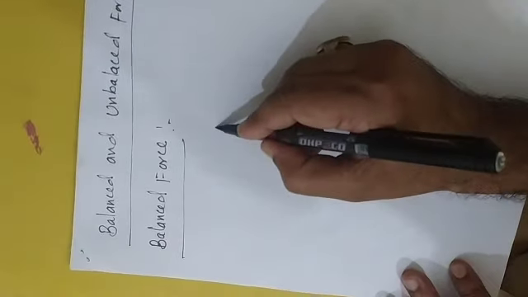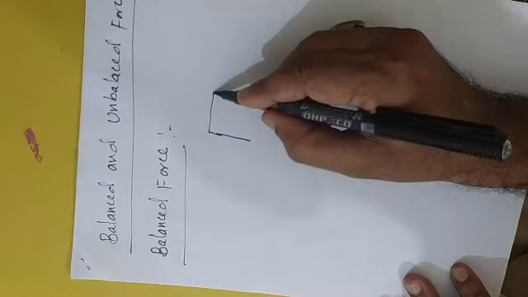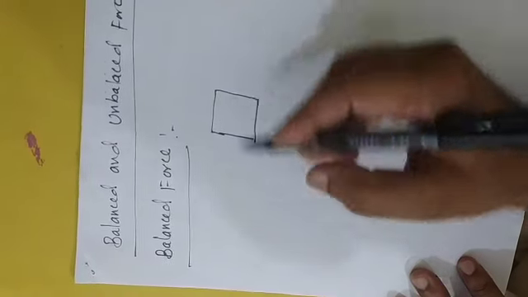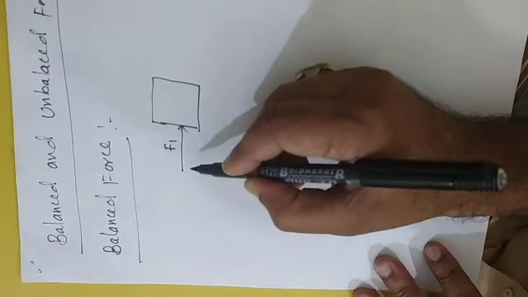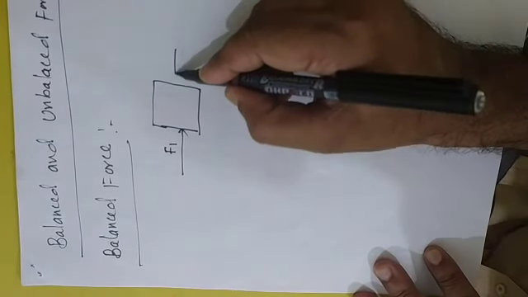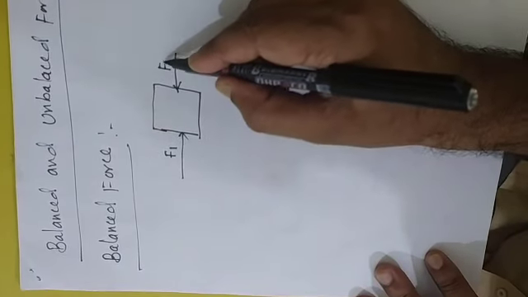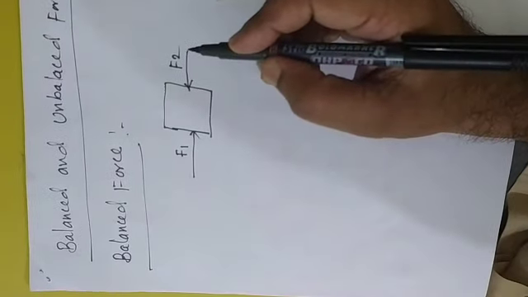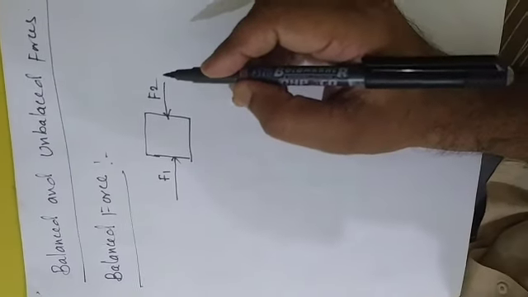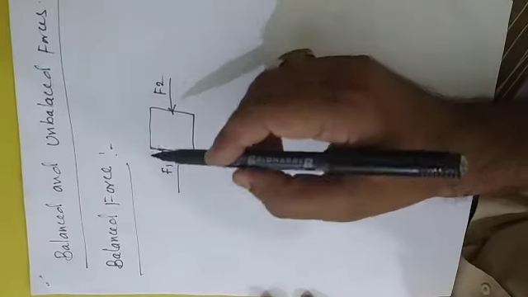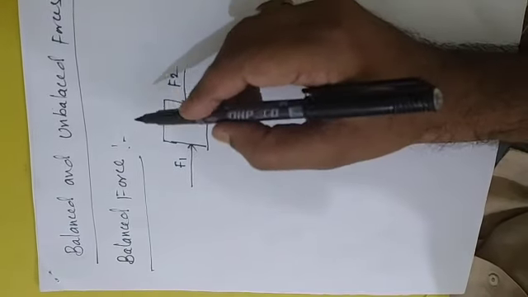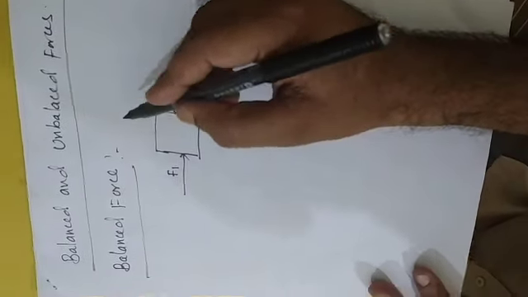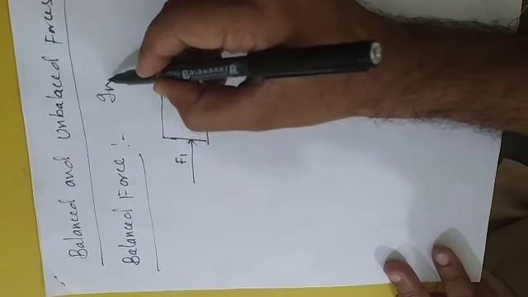For this, see, this is an object. Some force F1 is applied by one boy and F2 is applied by another boy. Then, if we have to give the definition, then we write balanced force.